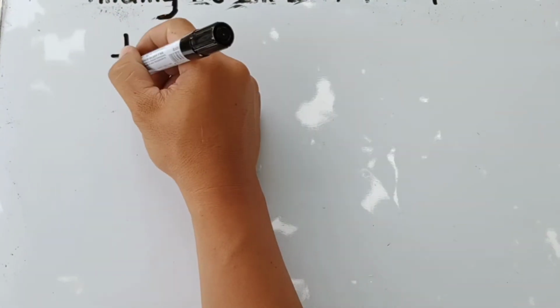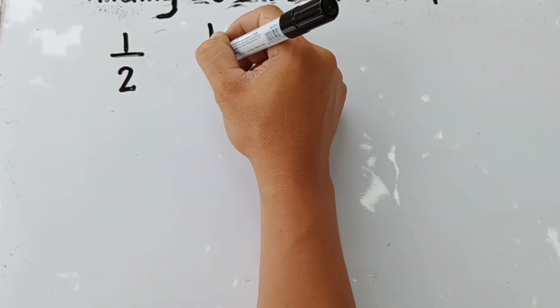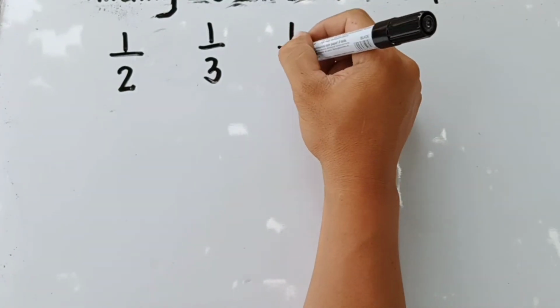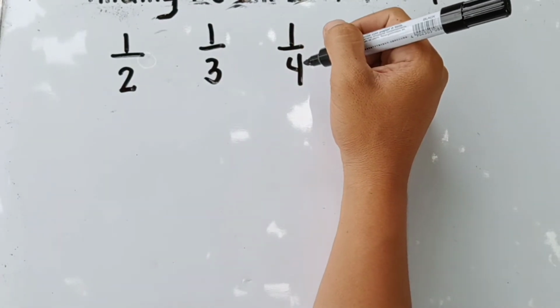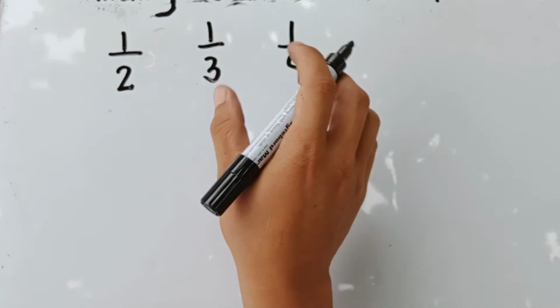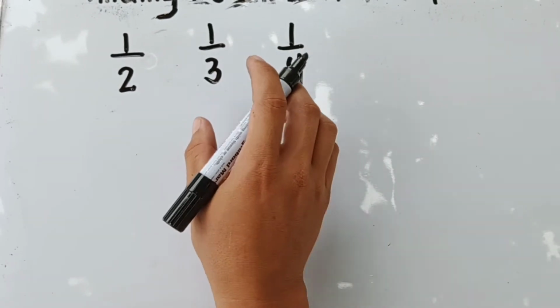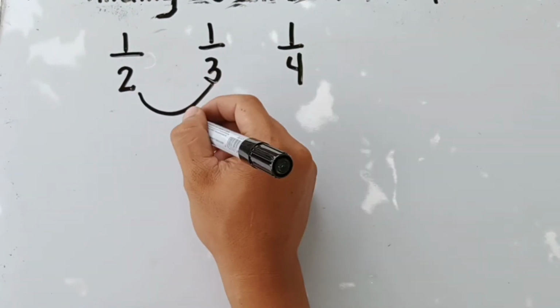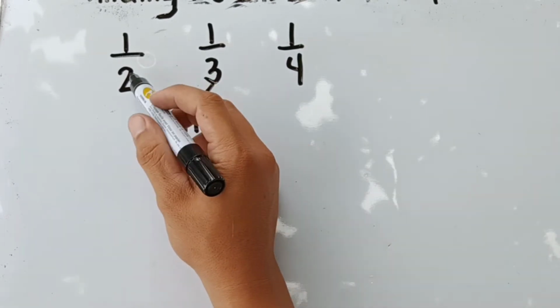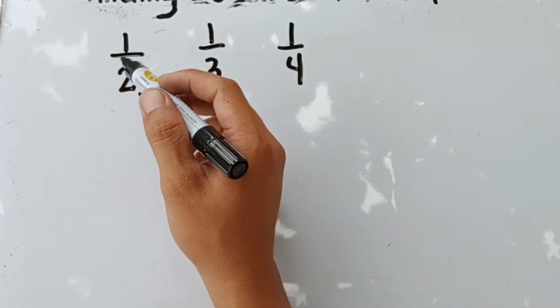Now this time, we will try to use fractions. For example, we have 1/2, 1/3, and 1/4. As you can see, we obtained the value of the next term by adding 1 to the denominator of the preceding term.